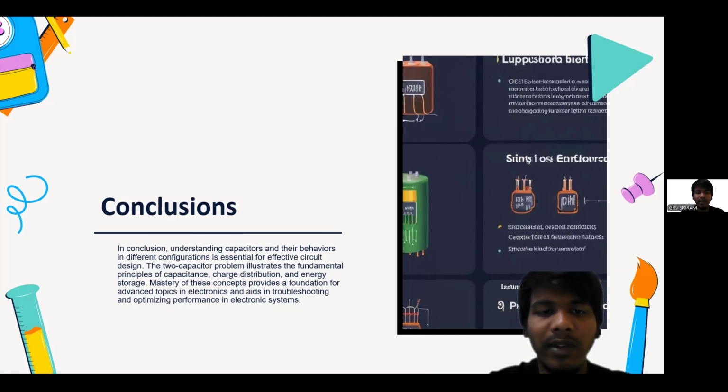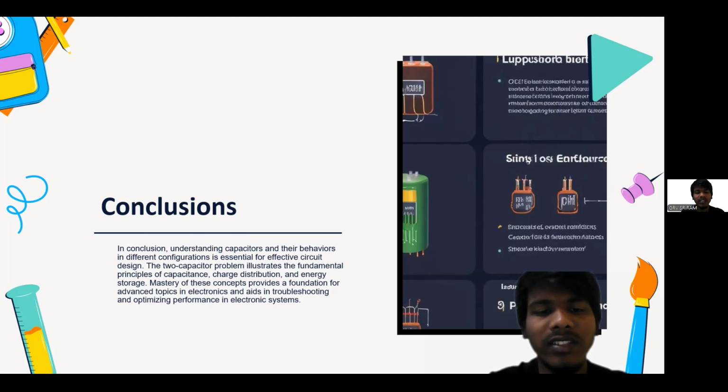Lifetime and reliability. The lifespan of a capacitor can be affected by factors such as temperature, voltage stress, and electrolyte drying in electrolytic capacitors. Proper selection and use are essential for reliability.